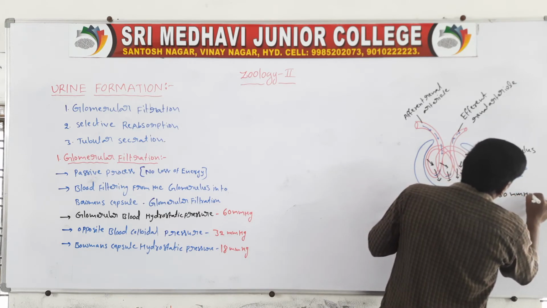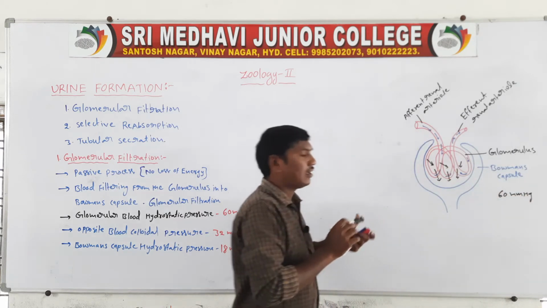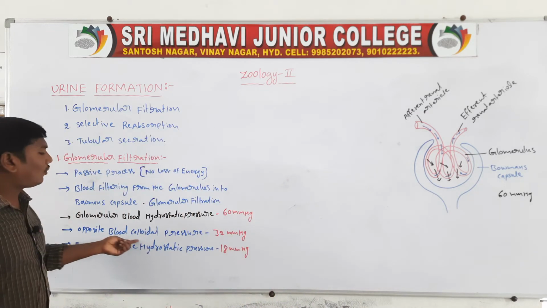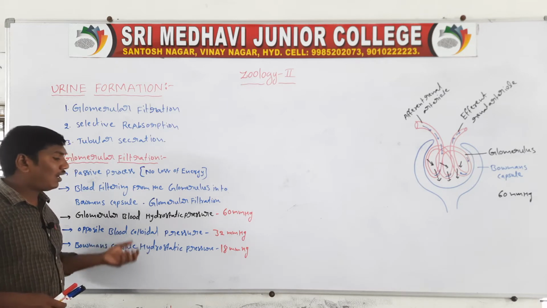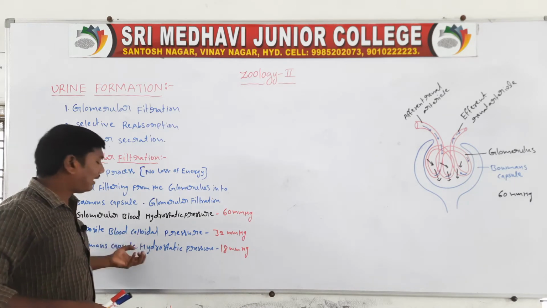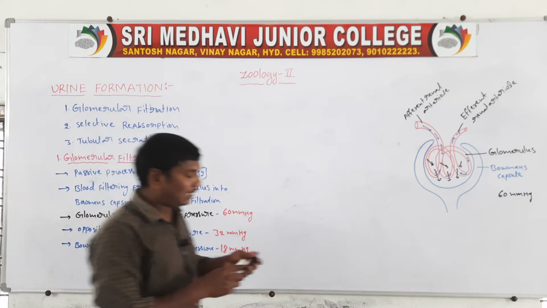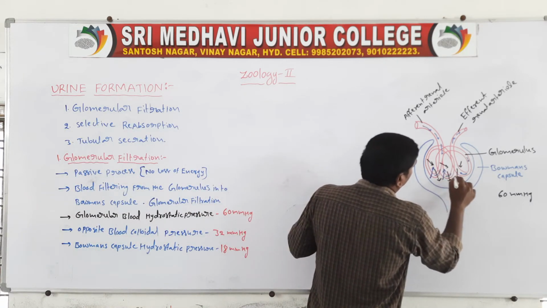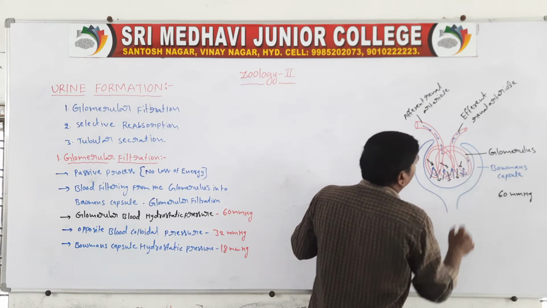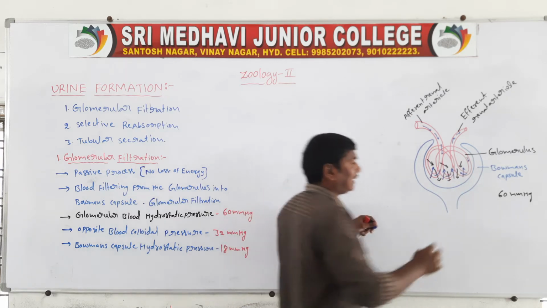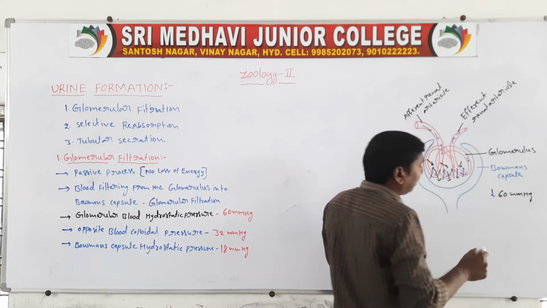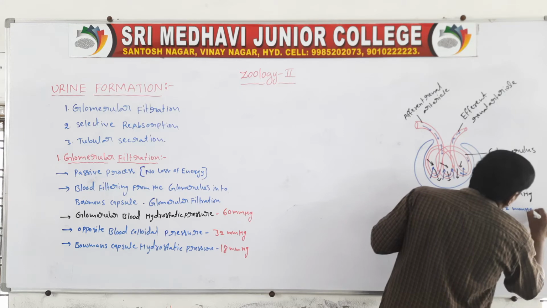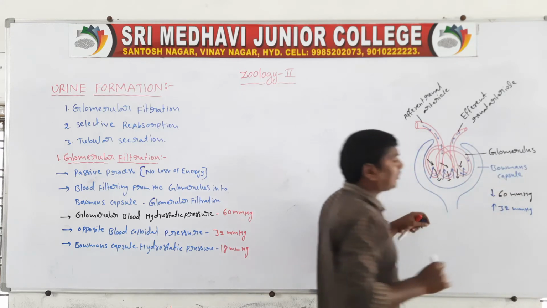Opposite is the blood colloidal osmotic pressure, in the opposite direction, and it is 32 mmHg.